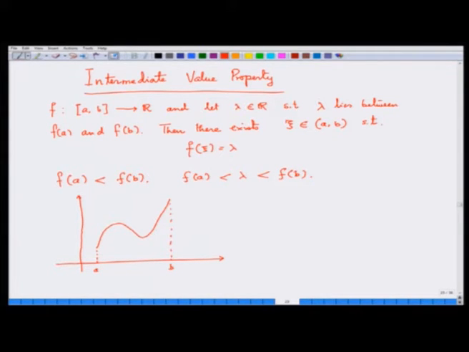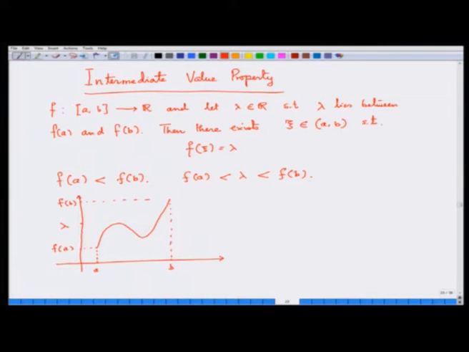So this is my f(b) and this is f(a). Now take a lambda which is here. So how do I know that there will be a xi lying between a and b?